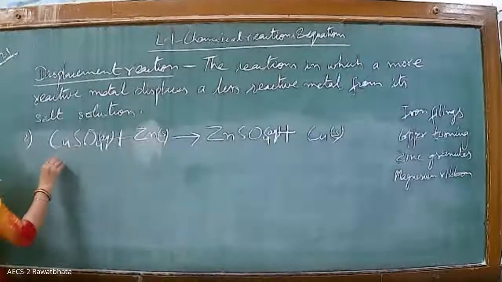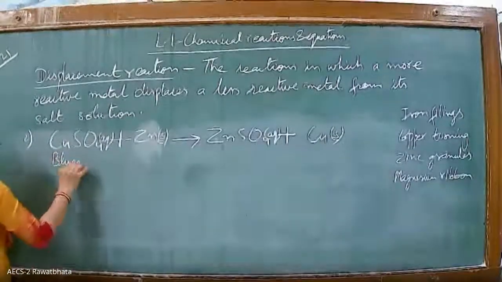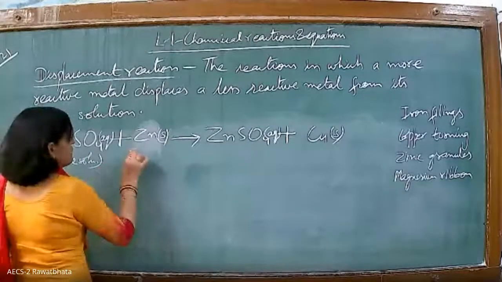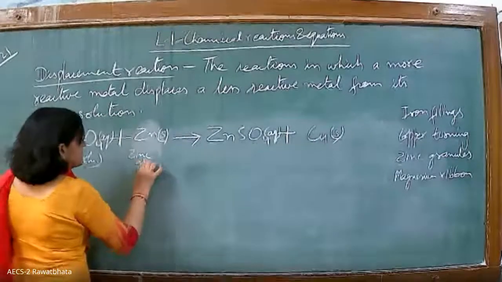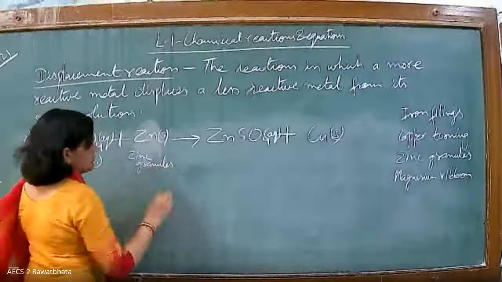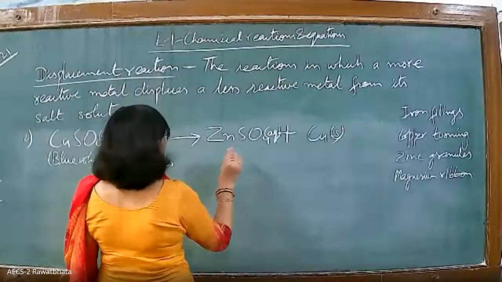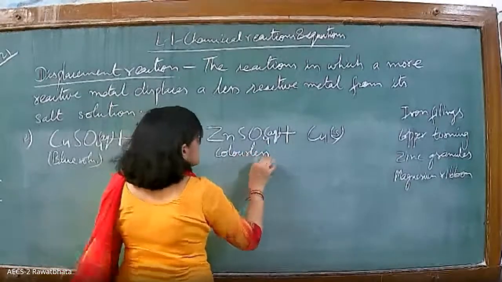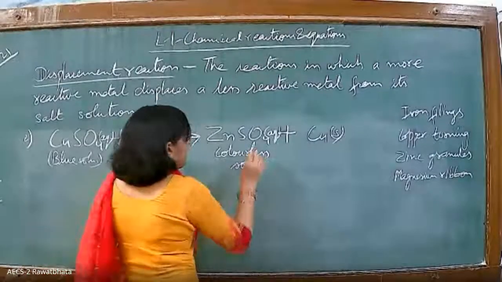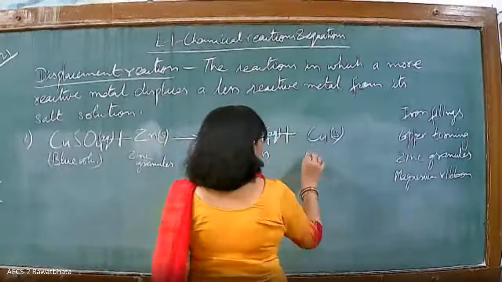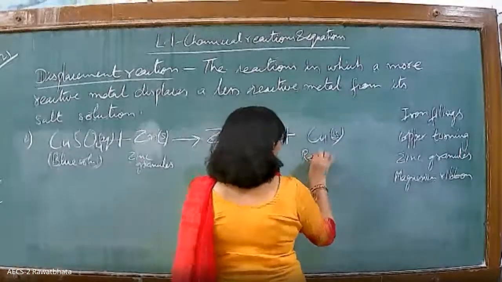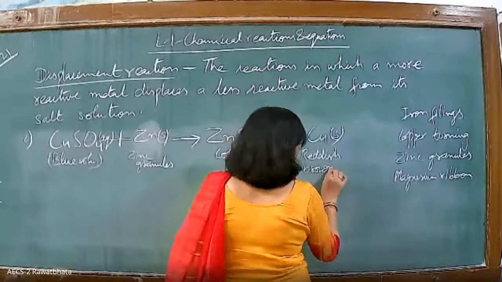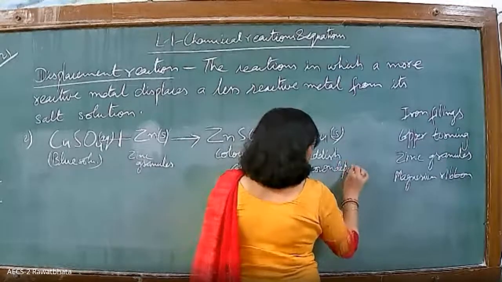And copper sulfate solution, again a blue colored solution, and here we have taken up zinc granules. That forms ZnSO4, which is a colorless solution, and copper, a reddish brown deposit.